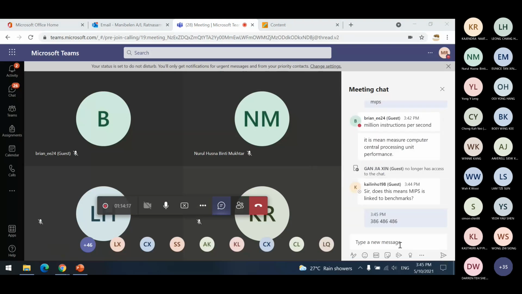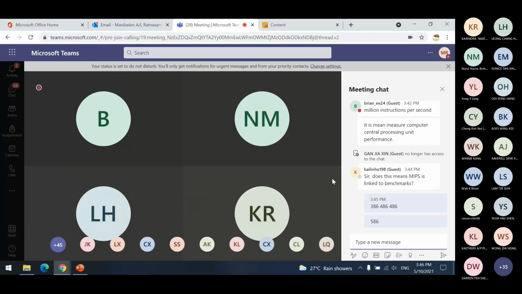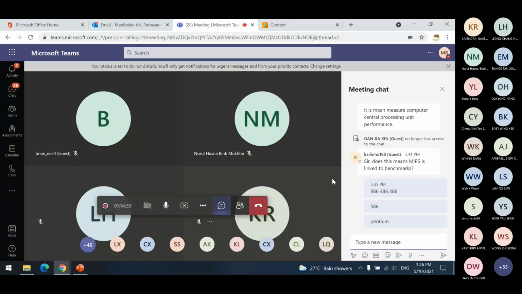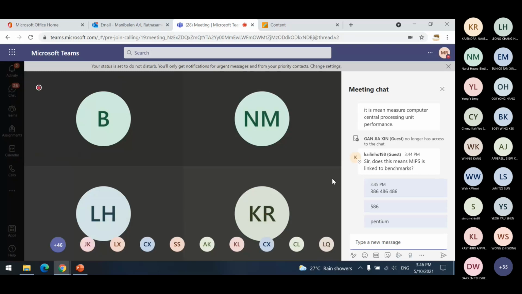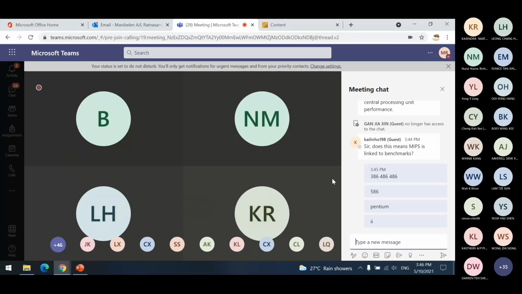Those days, Intel used to come out with that kind of series before they started promoting their CPU. Then later they moved into Pentium. I hope some of you might remember Pentium. Then they came out with Pentium 2, and then the names changed into all kinds of names that we have today, dual core, and so on.